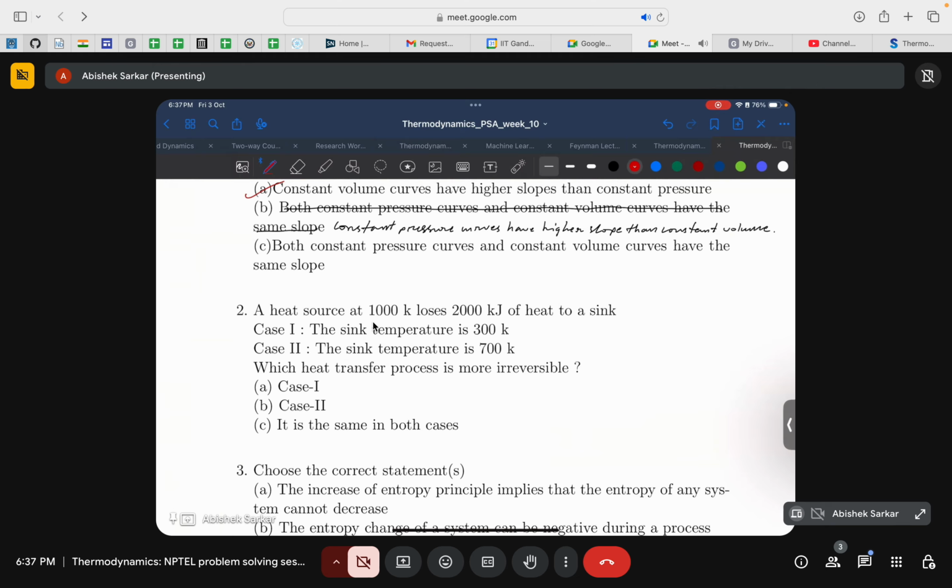If you know, you can intuitively answer it as well, but if you want, you can also calculate the net change in the entropy of the universe for both the source and the sink, and see in which case the entropy of the universe is higher. If it is higher, then it implies a more irreversible process.